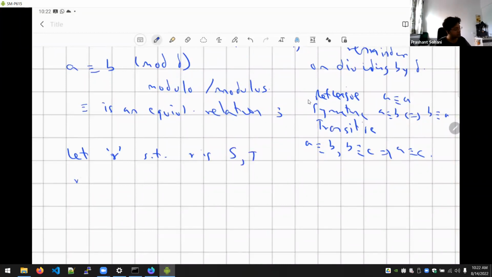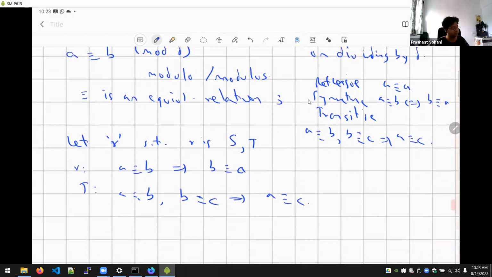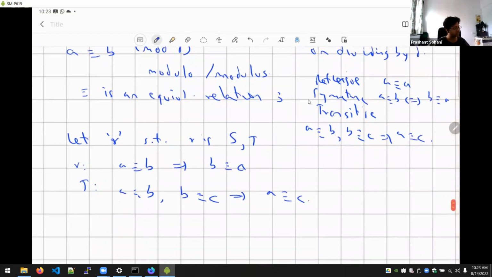Okay. So symmetric means what? If A is congruent to B, implies B is congruent to A. And transitive means what? If A is congruent to B and B is congruent to C, then A is congruent to C. But in the transitive, there's nothing which says A, B, C have to be distinct. What if I apply the transitive rule, assuming that C is the same as A?